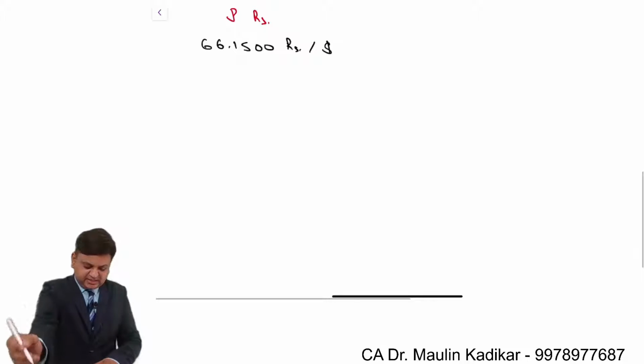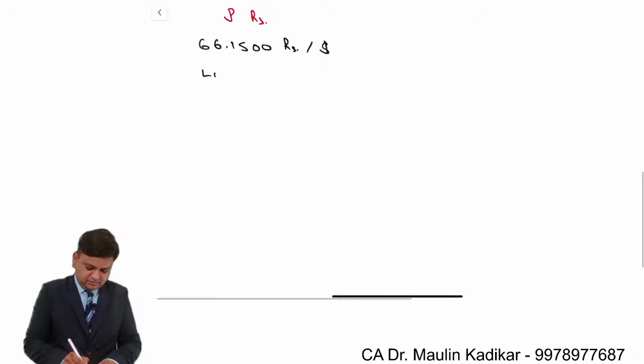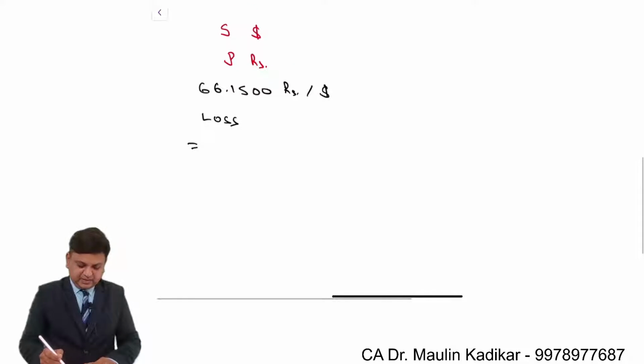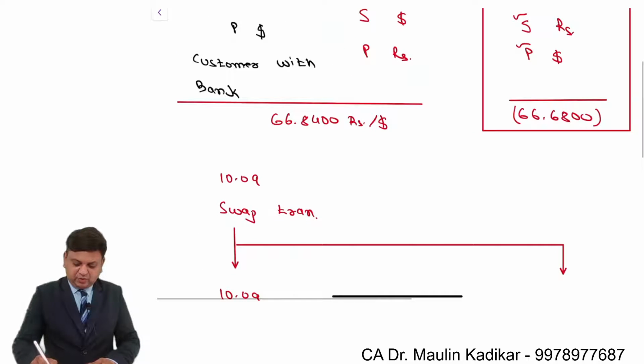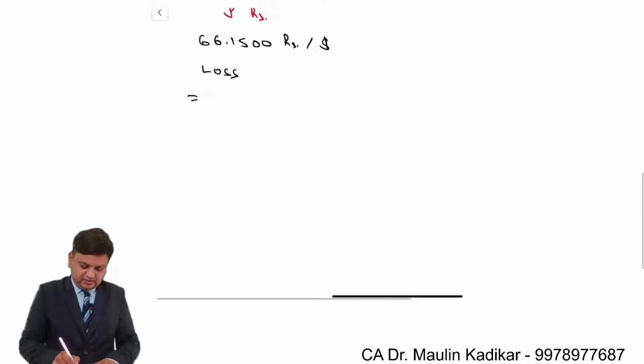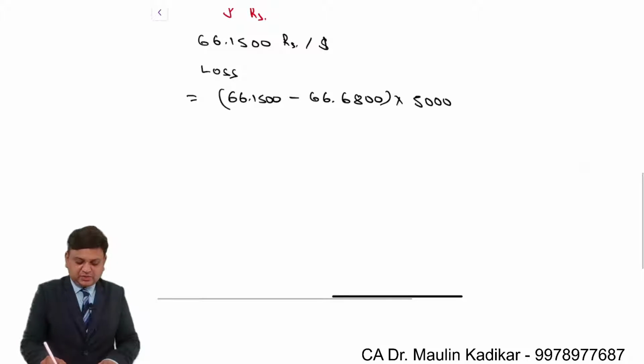Hence we understand that I will be having a loss because I am going to pay 66.68 and I am going to receive 66.15. The difference of that is the loss per dollar multiplied with 50,000.